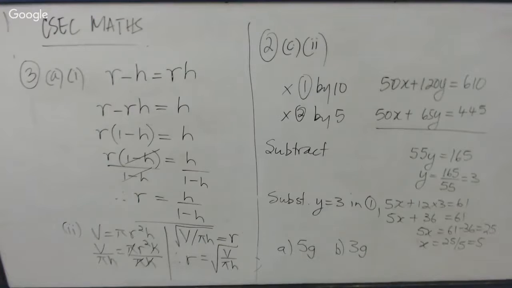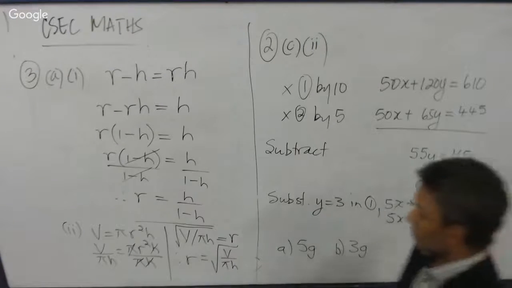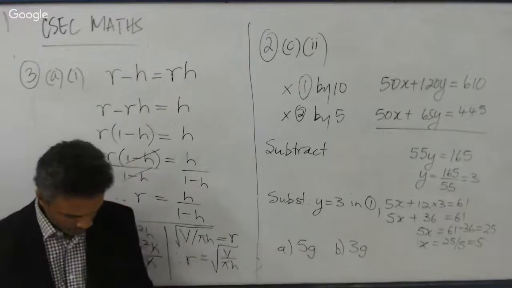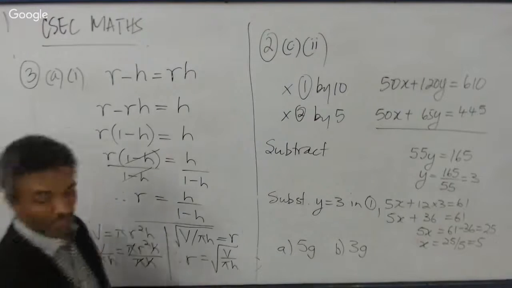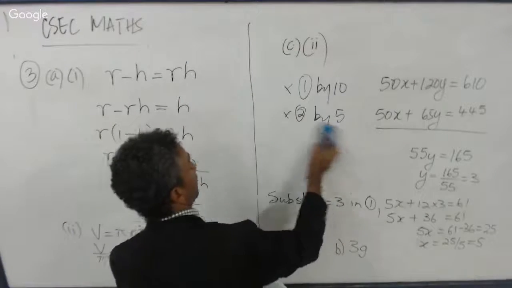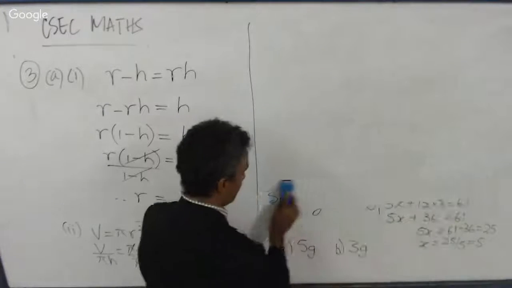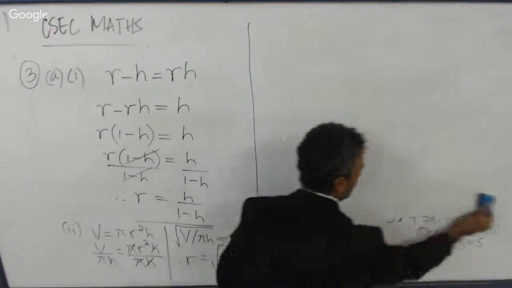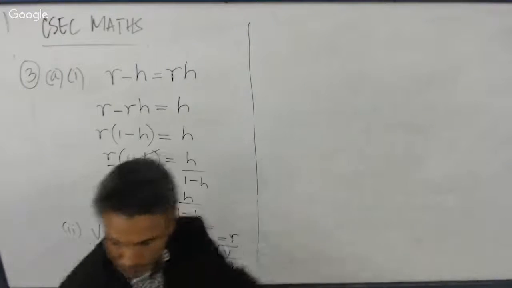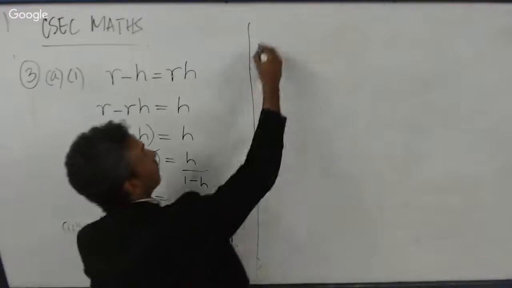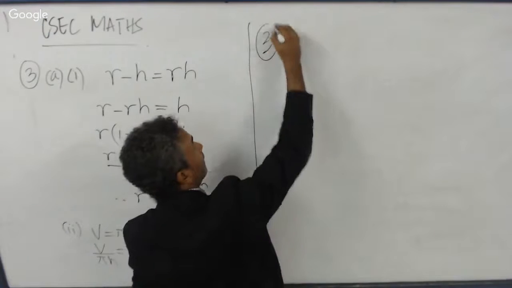What's it? 2000. You share 2000. Ready again. 3B. Okay. Three B.